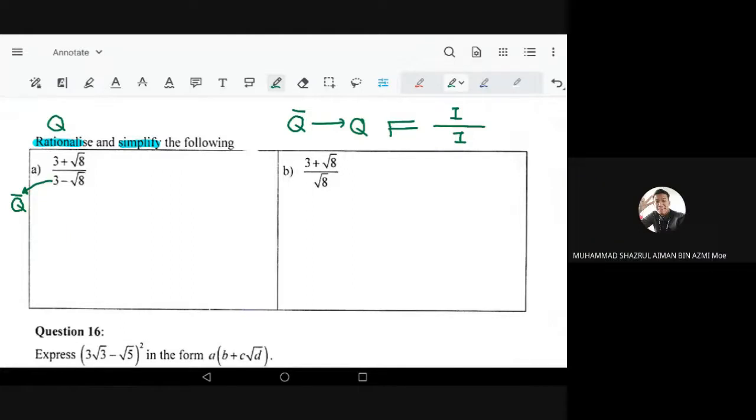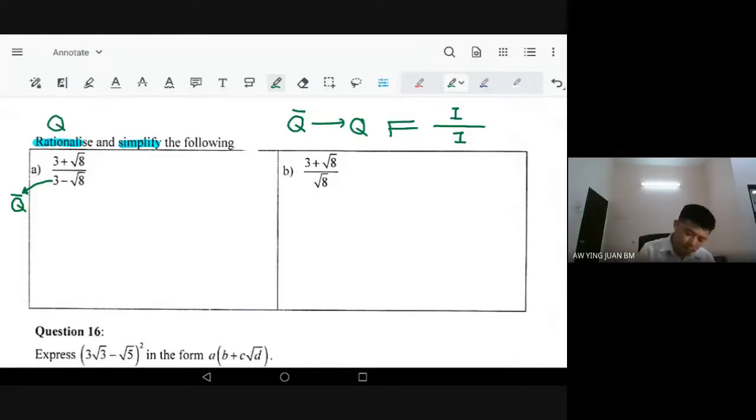Rationalize means that kena jadikan dia integer. So, the strategy would be, mohon catat. Strategi you adalah nak multiply dengan conjugate dia.